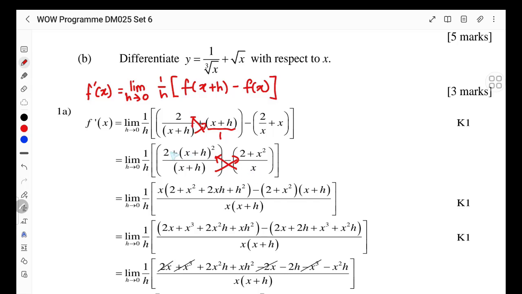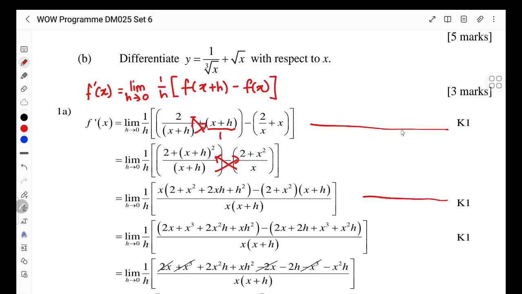So here you will get x multiplied by 2 plus x squared, you expand this quadratic, x squared plus 2xh plus h squared, minus 2 plus x squared times x plus h, over the denominator x times x plus h. So this is another K1.